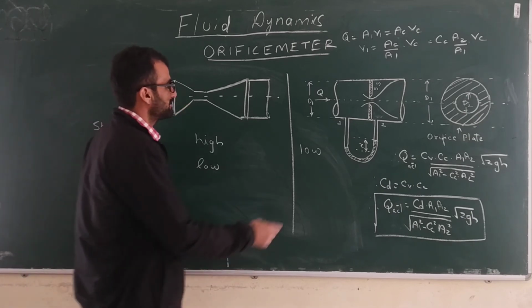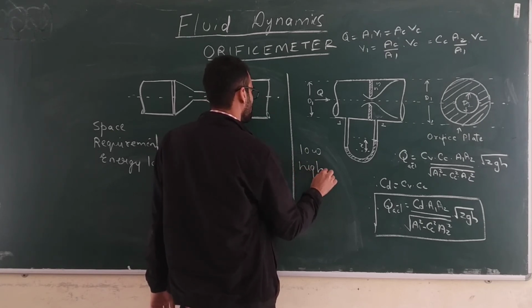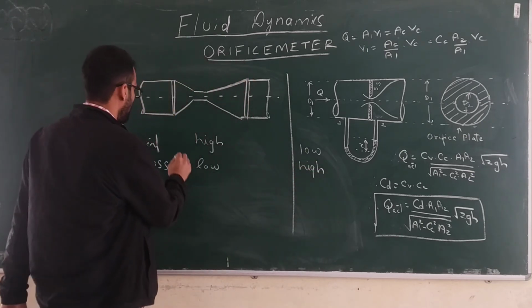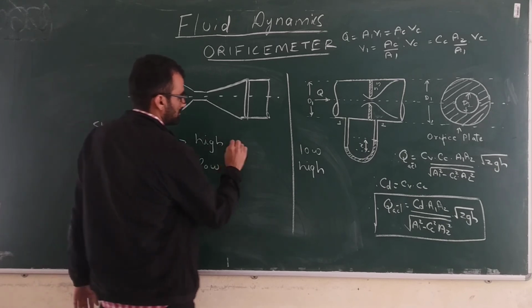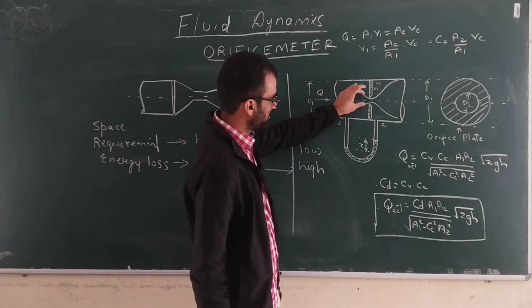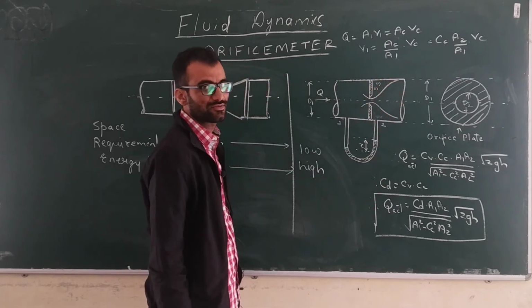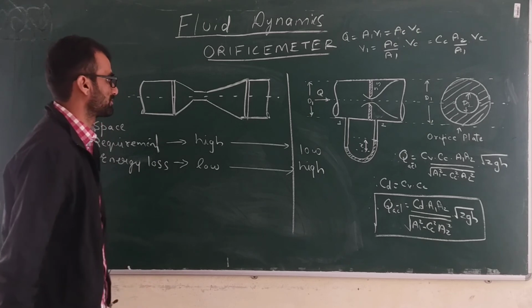But in the orifice meter the energy losses are very high. Why? Because there is a sudden contraction and sudden expansion. So flow will separate, and because of the eddies there will be a lot of energy losses.